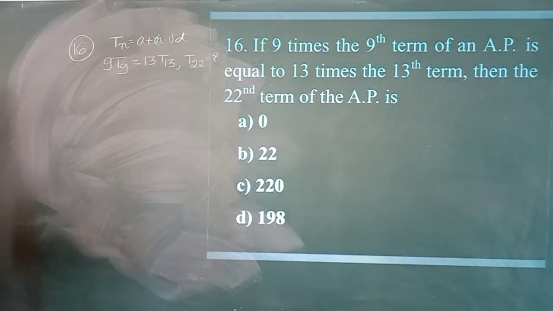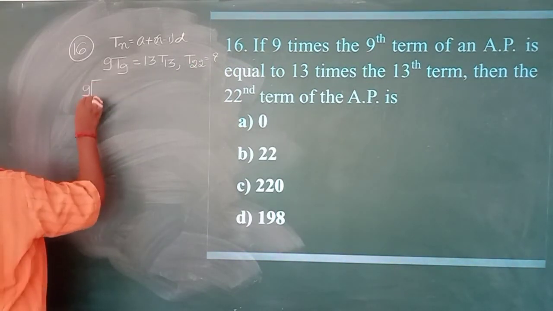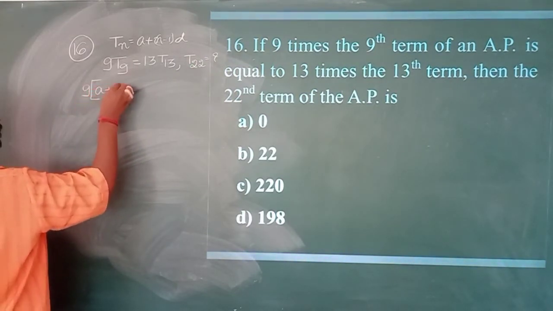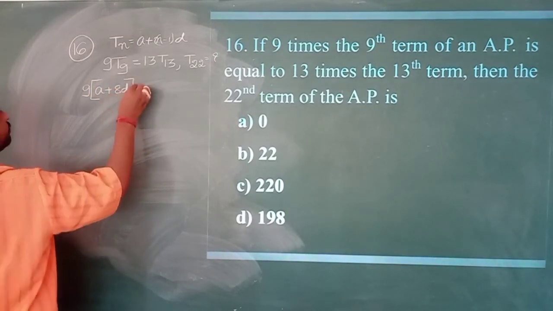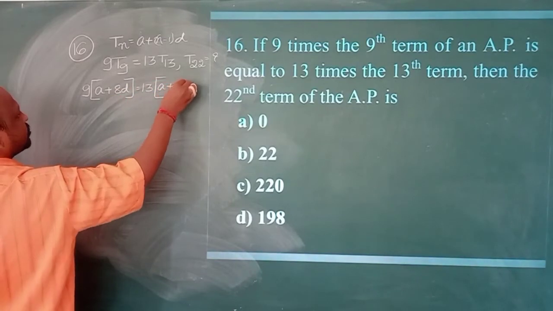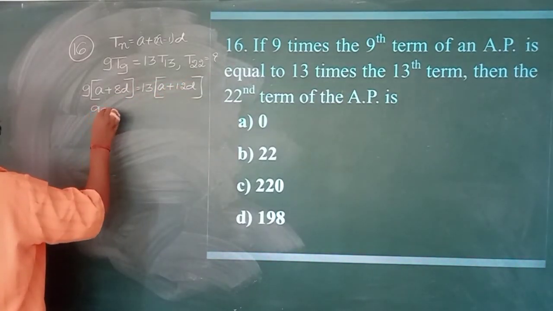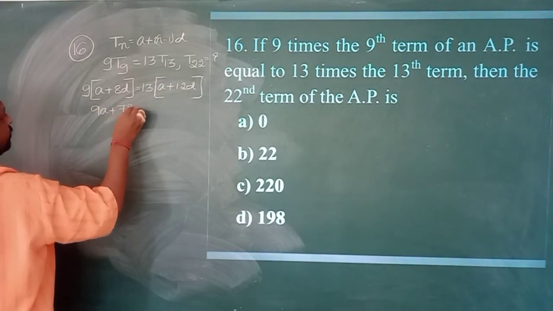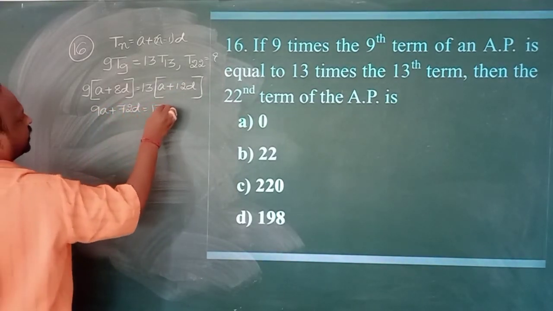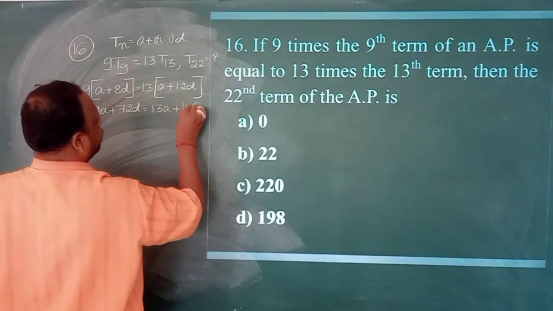Again there are 2 methods. 9 times a plus 8d, 13 times a plus 12d. 9a plus 72d, 13a plus 156d.